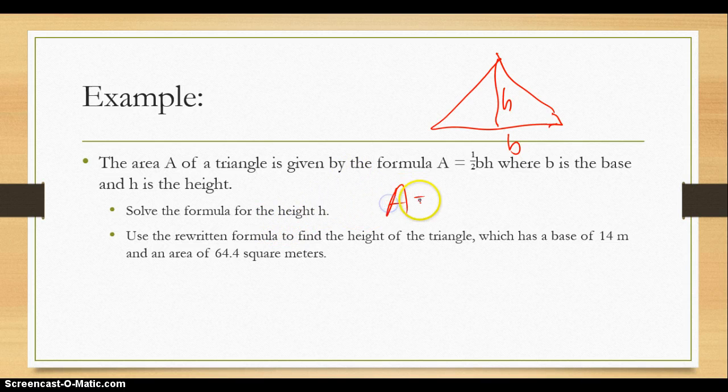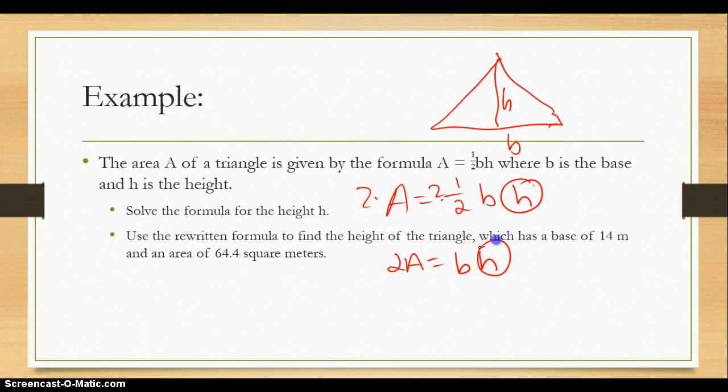We have A equals 1/2 b times h, and we want to get h alone. The first thing you do is multiply by 2, so I have 2A equals bh. Then we divide by b, so 2A over b equals h.